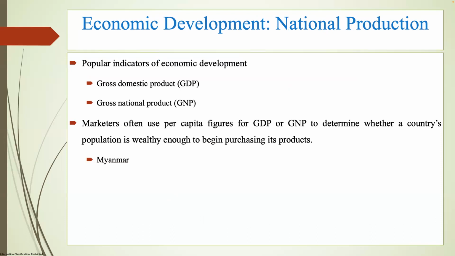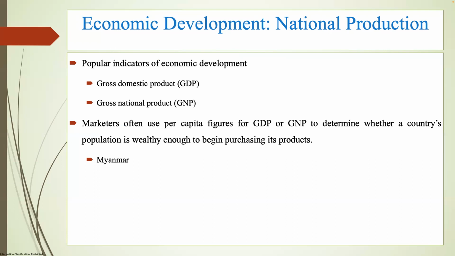Now, national production. Basically, these are economics terms. Popular indicators of economic development are gross domestic product and gross national product. So what is gross domestic product? Gross domestic product is the value of all goods and services produced by a domestic economy over a one year period.